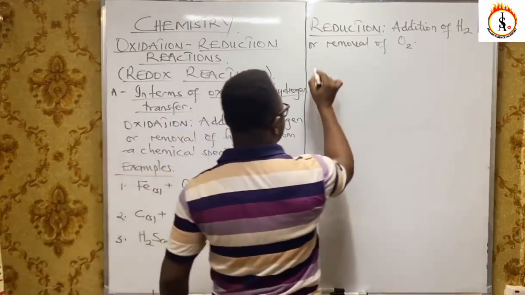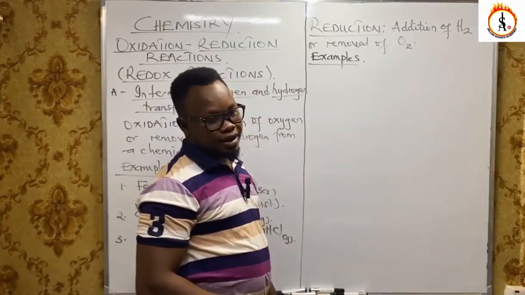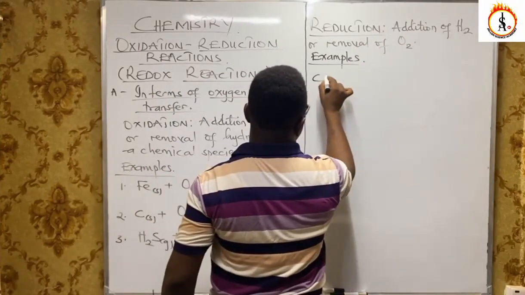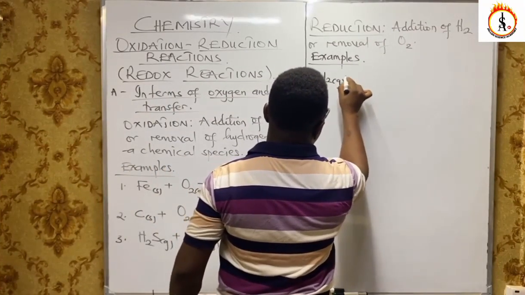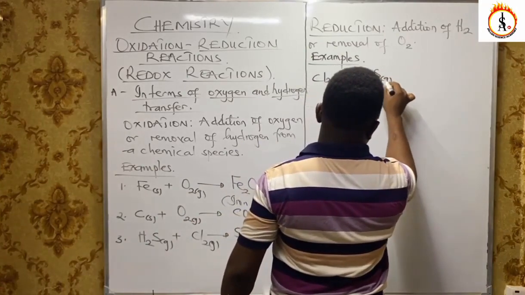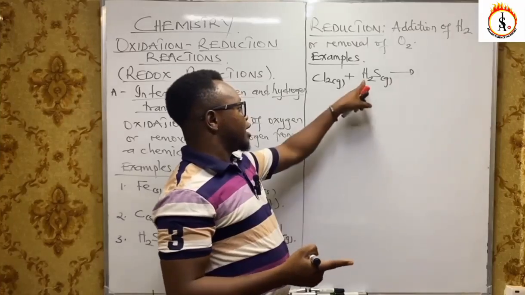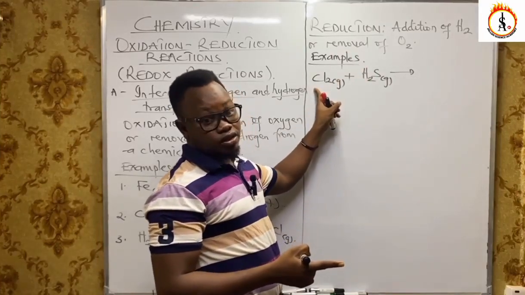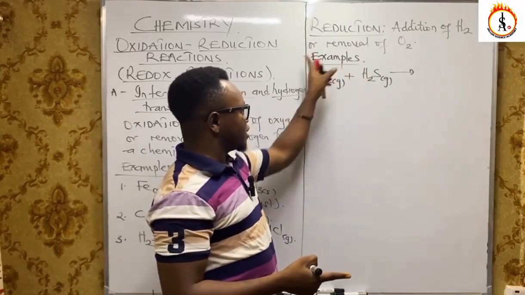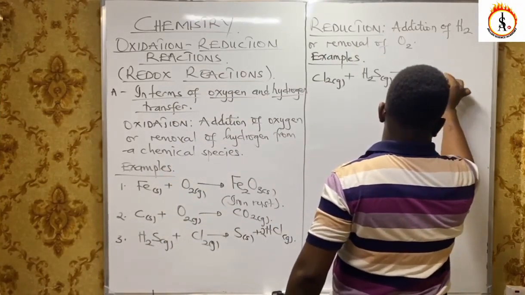Let's look at examples. We begin with the addition of hydrogen. Let's say here Cl2, chlorine gas, reacts with hydrogen sulfide, also gaseous. In this case, hydrogen is going to be added to the chlorine, and it is going to form HCl.